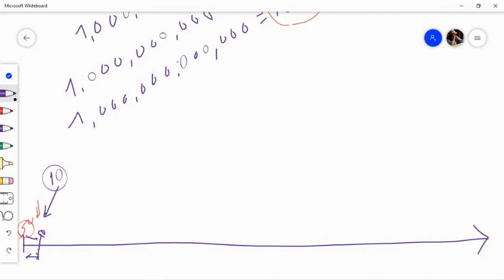And then the nearest galaxy, Andromeda Galaxy, would be like the 15th notch.